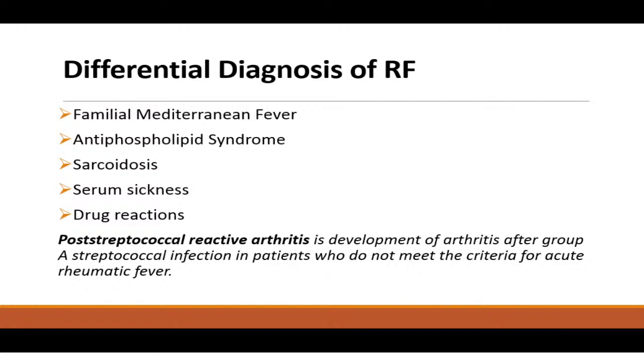There is also so-called post-streptococcal reactive arthritis. So what is it? It's the development of arthritis after group A streptococcal infection in patients who do not meet the criteria for acute rheumatic fever. So sometimes there are not enough criteria present in the patient to diagnose acute rheumatic fever, but the patient has a previous infection and affection of the joints.